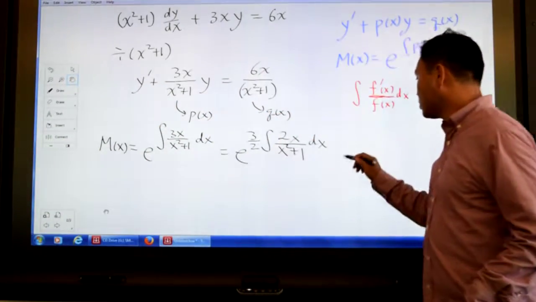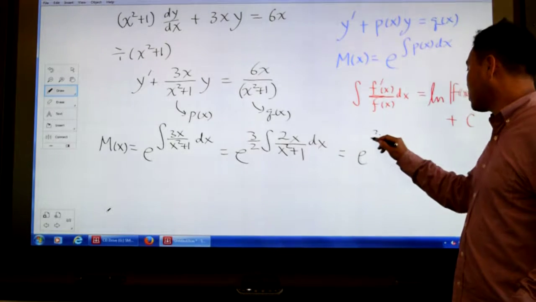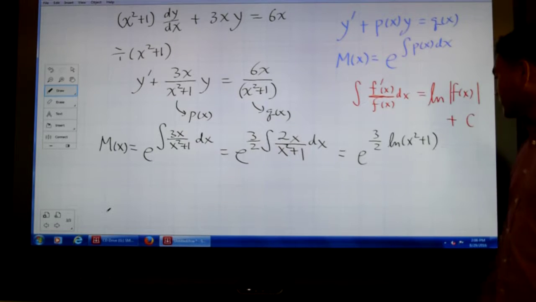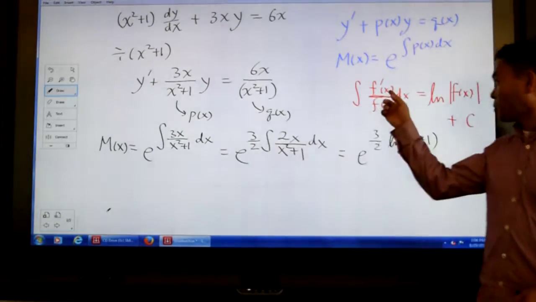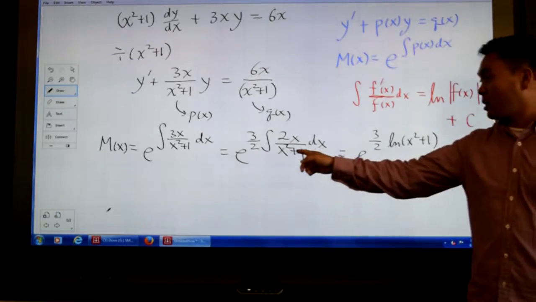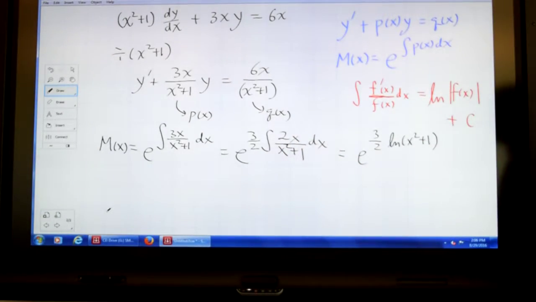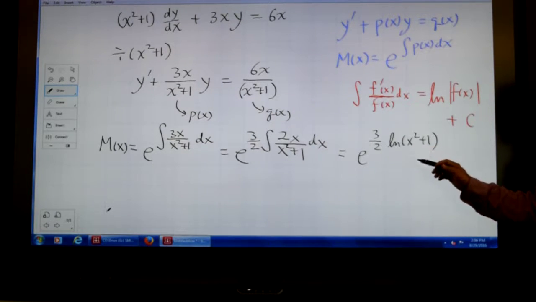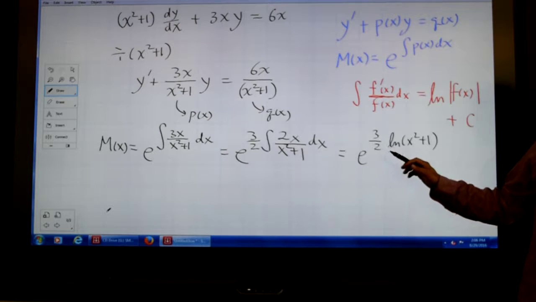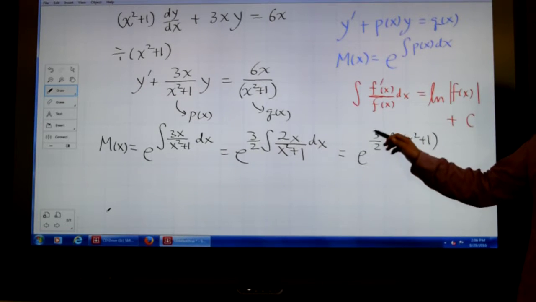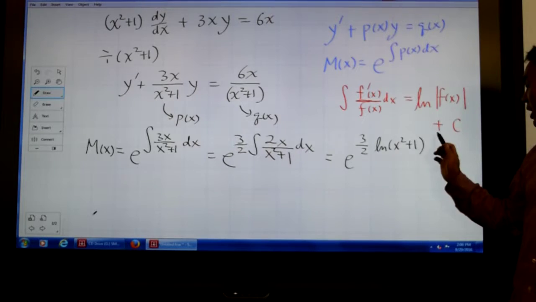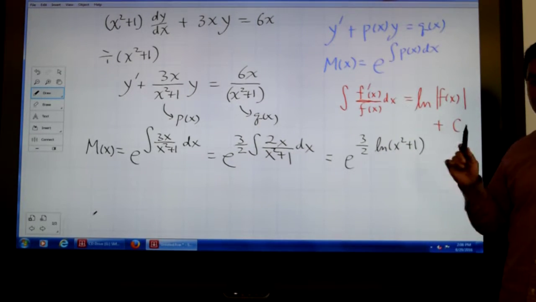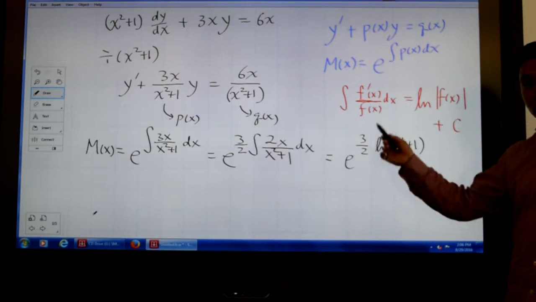And we have e to the 3 over 2 ln of x squared plus 1, because the formula says it's a log of the denominator, and the denominator is x squared plus 1. Now, it's ideal if we can simplify this further, and the way we simplify this further is by moving this 3 over 2 away, because in order to simplify, you want to cancel the e and ln, but right now you can't cancel the e and ln because of this 3 over 2, right?